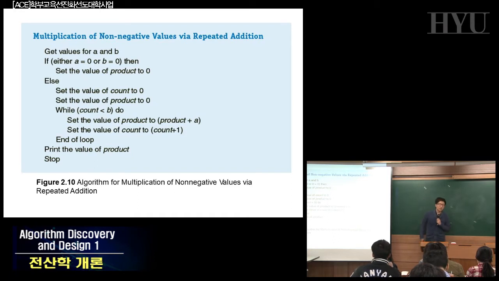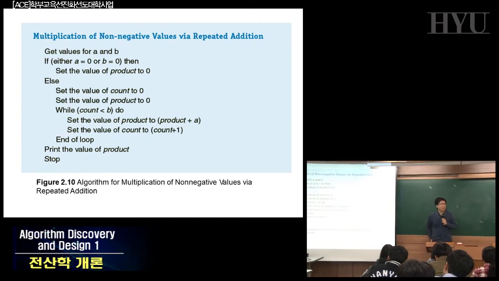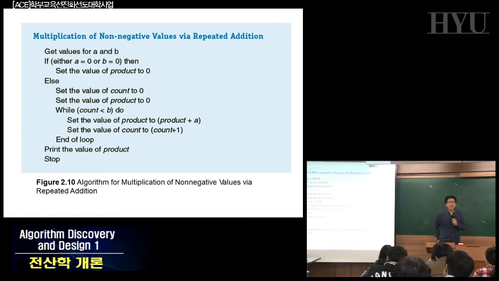Why are you going into a loop? Let's save some time. That's why they put an extra checking condition at the top. Even if you don't have a checking condition, it's still okay. The single loop pseudocode will work. It doesn't mean it doesn't work. It will work, but this one is slightly better, I guess.